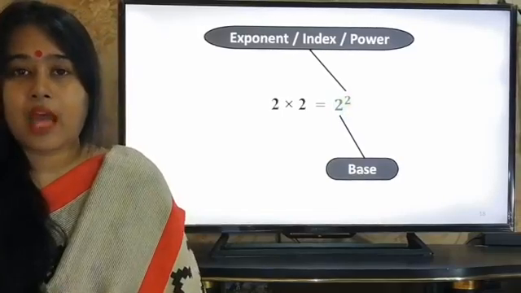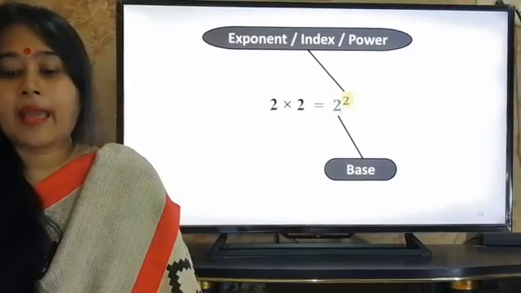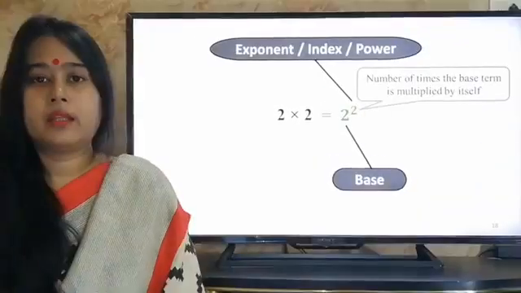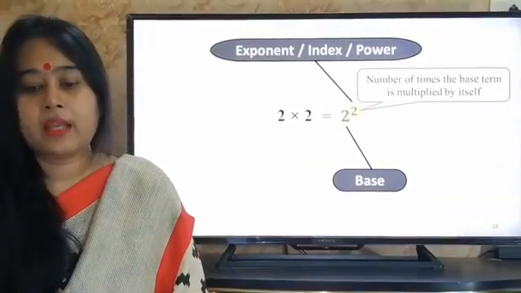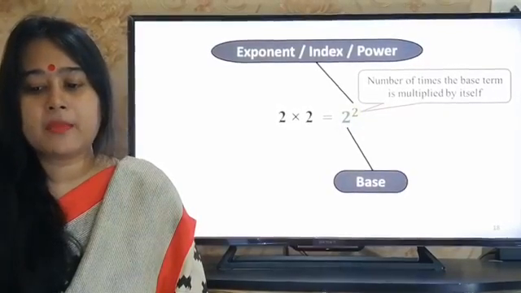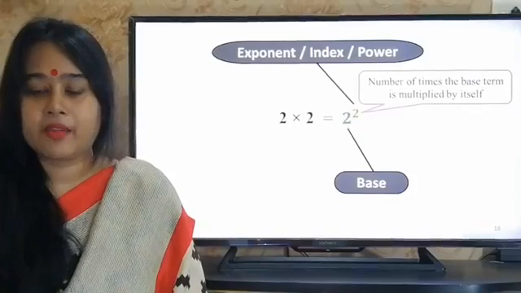So we have two terms here, base and index or power. The index is the number of times the base term is multiplied by itself.